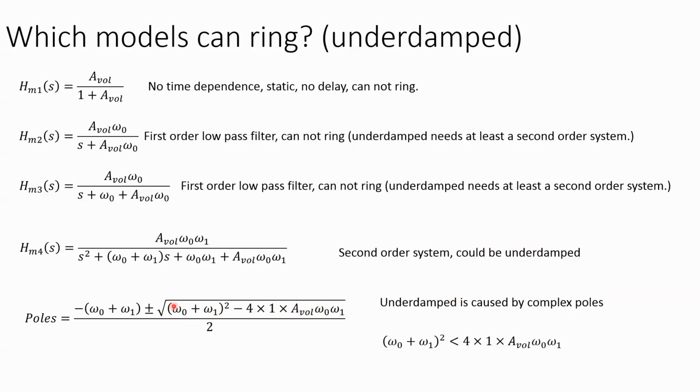If this term is bigger than that term, we're going to have plus or minus a complex pole, which is just summarized here. Now, it could be overdamped, it could be critically damped, but if this is going on, we could have a situation where when we put in a step response, it's going to go above the step and then settle down to the step value.